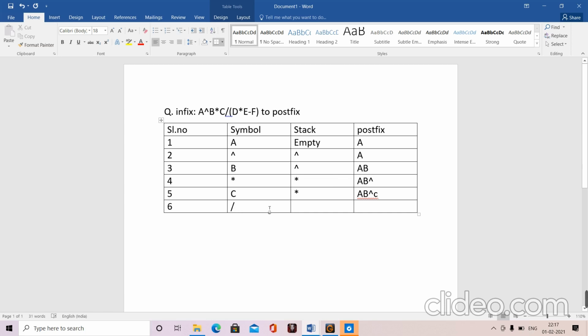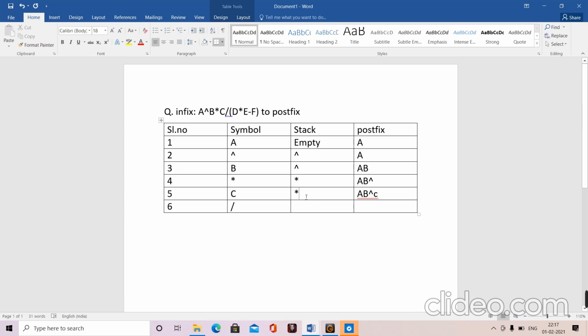As we have seen, these two operators have the same priority, so we just have to pop the previous symbol which is in the stack.